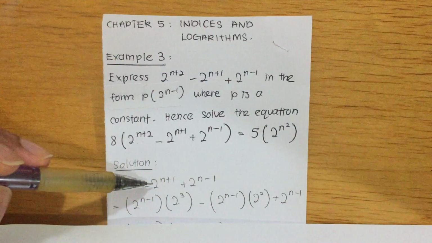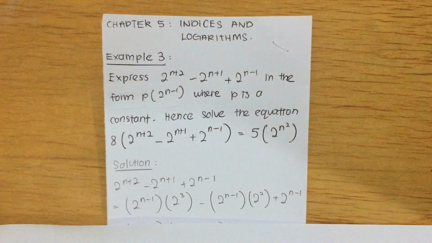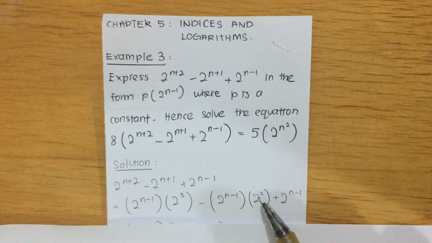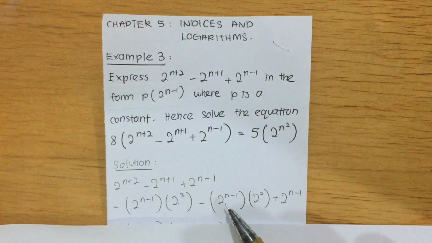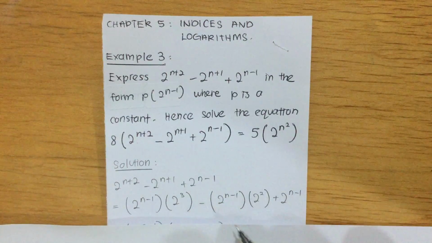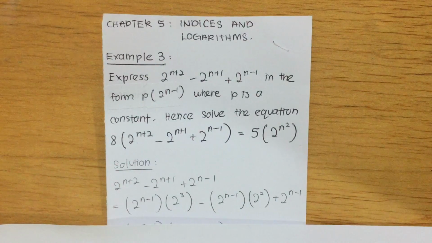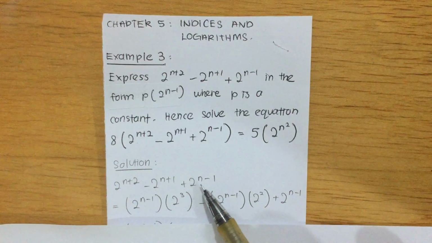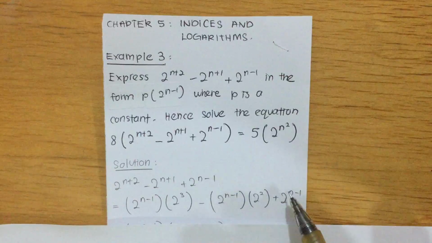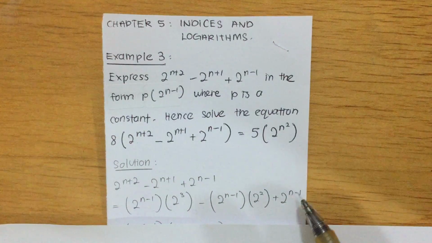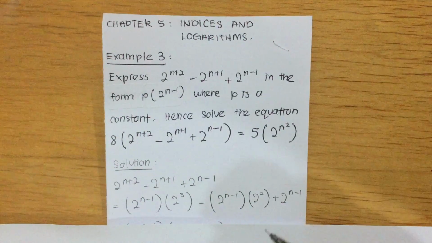Proceed with the second expression, 2^(n-1). In order to remain 2^(n+1), you multiply by 2^2. So n - 1 + 2, you get back n + 1. For the third term, 2^(n-1), there is no effect, so you don't need to make any changes.